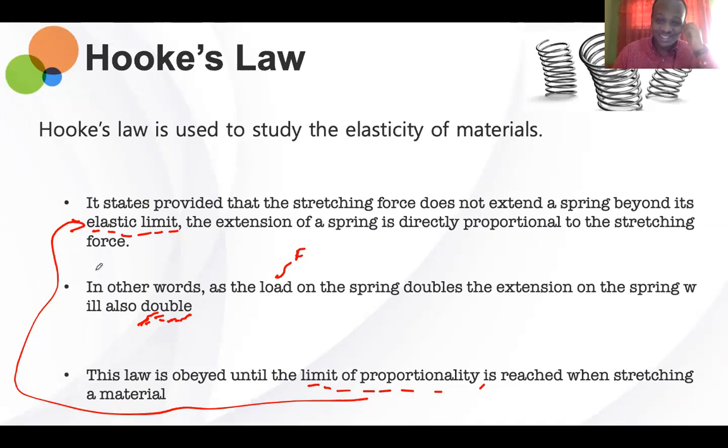I didn't have enough money to purchase another pen, so I had to stuff mine with paper. It reached the limit of proportionality, which means it's no longer able to do its function, so we have to get rid of it. It doesn't obey Hooke's law anymore.